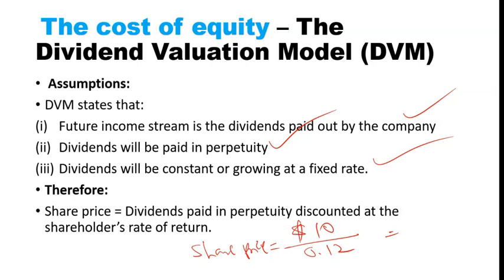Let me see, I'm looking for the calculator. That's 10 over 0.12. So it means that the share price would be 83.33. So this is the market value of the share.